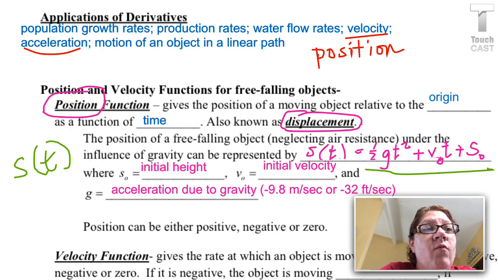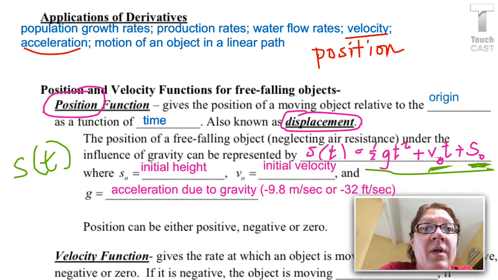So I have 1/2 g times t squared plus v sub 0 times t plus s sub 0. The subscript 0 just tells me the beginning of time, or the beginning of whenever it is that I'm starting. So when you see these zeros, they mean initial velocity and initial position.